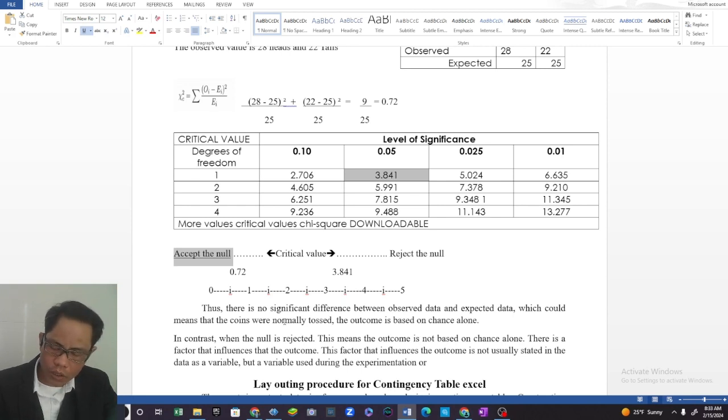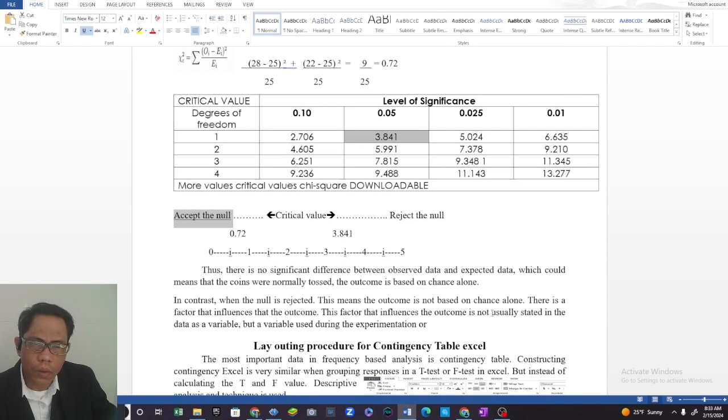There was no manipulation. You did not throw the coins and flip the others, or use something that influences the data. So there is no significant difference between observed data and expected data. It means that coins were normally tossed and the outcome is based on chance alone. So that is how you theoretically use chi-square.